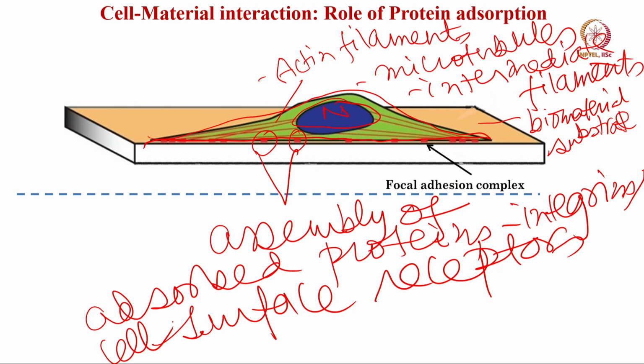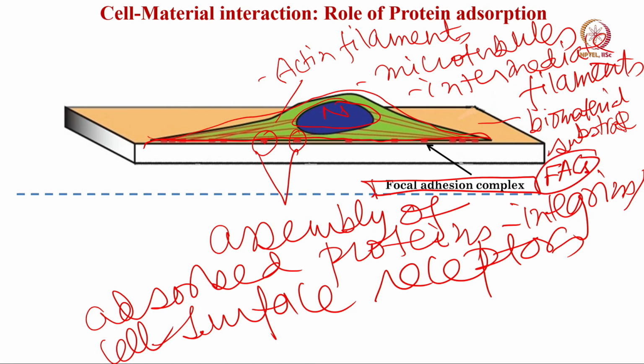Right. So, each of these red dots essentially constitutes capital N number of these adsorbed proteins and cell surface receptors, and in biological language they are called focal adhesion complexes, FACs.